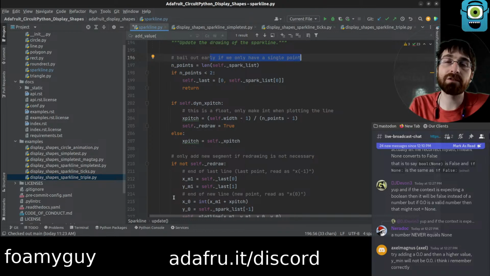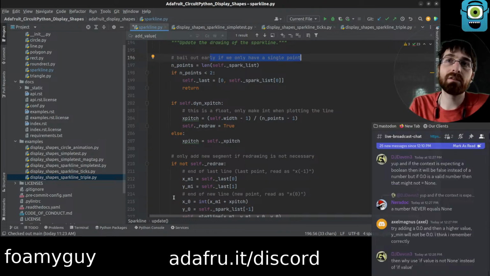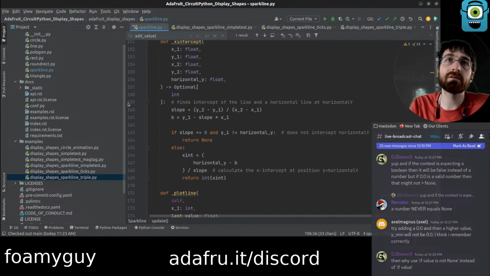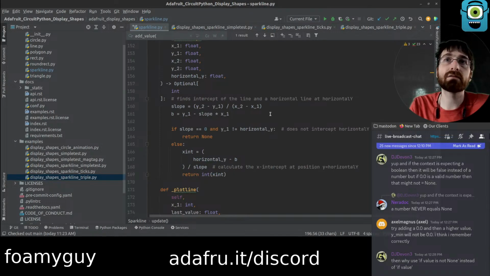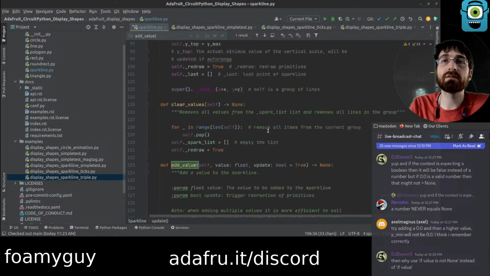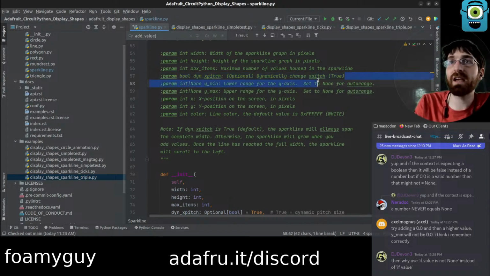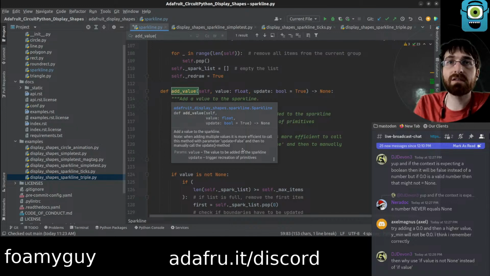Dynamic pitch. Dynamic X pitch? What is that supposed to do? Dynamically change X pitch. So this does say X pitch, and everything else we're looking at is Y. So I don't think that should matter.